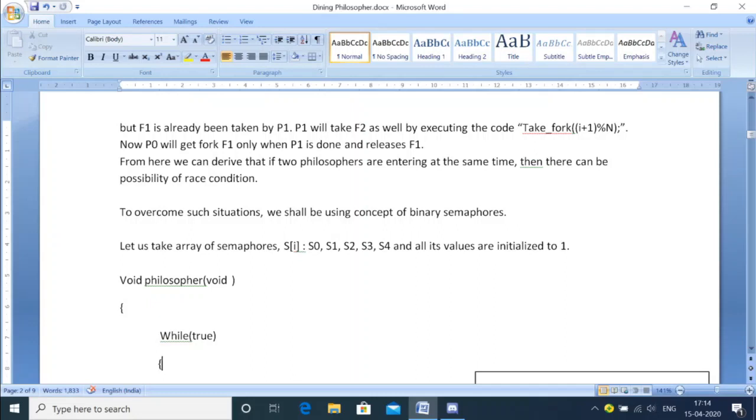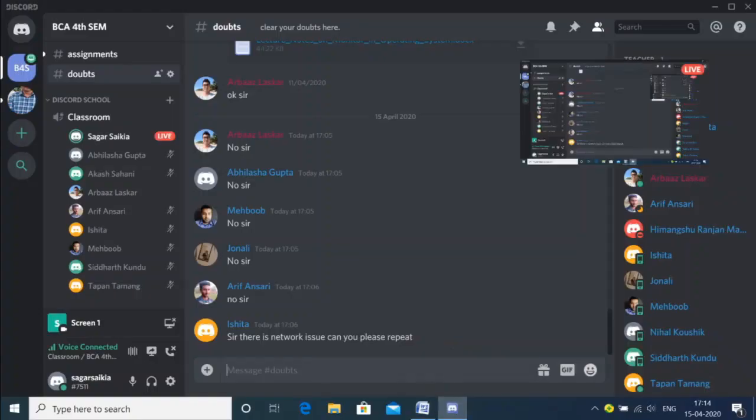He's holding that fork, and the other philosopher who needs that fork is waiting. So whenever such a situation arises, that is hold and wait, it is a case of race condition. So how are we going to solve this race condition? We will be using the concept of binary semaphores. So is it clear the case?